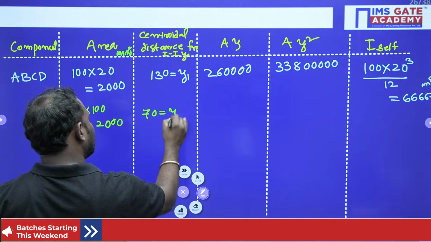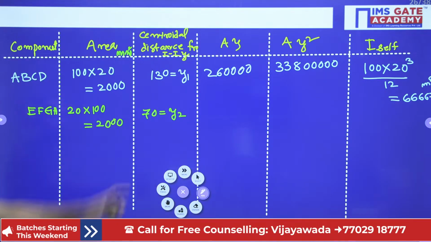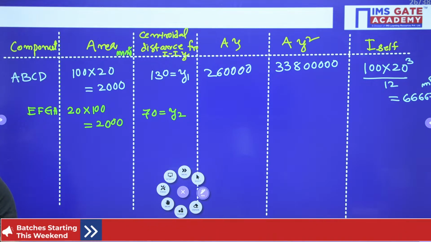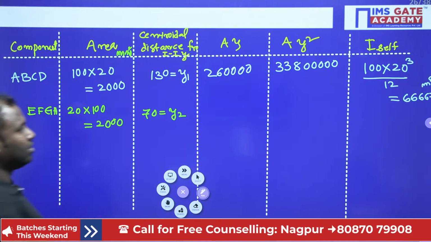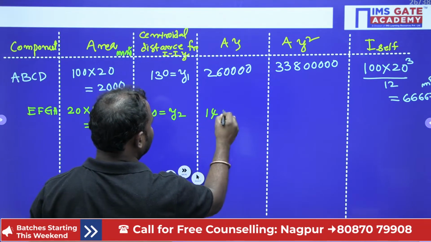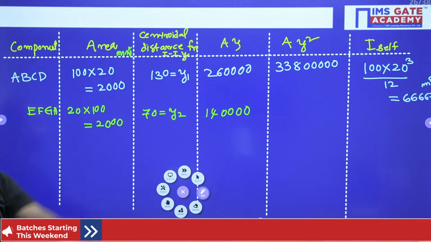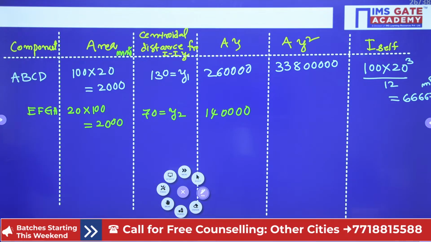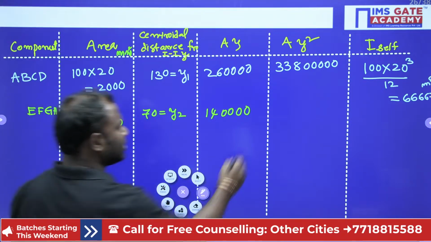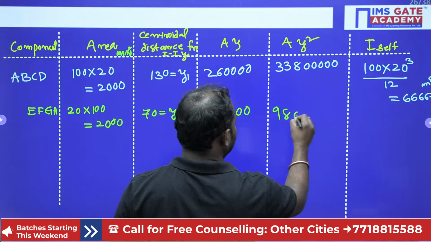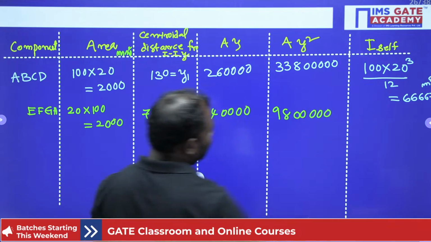Now, 2000 into 70 is 140000. Now, if I multiply 70 into this again, then I am going to get 9800000.